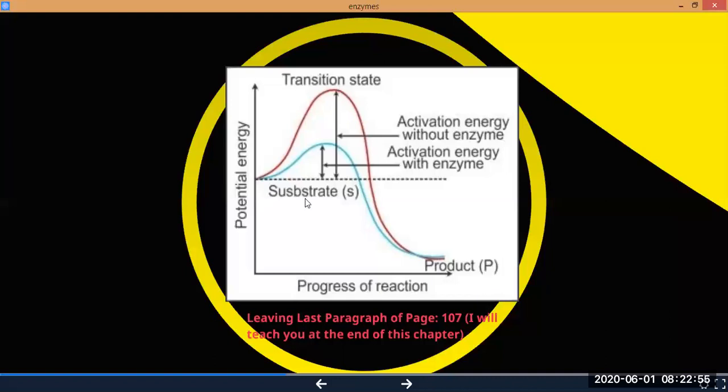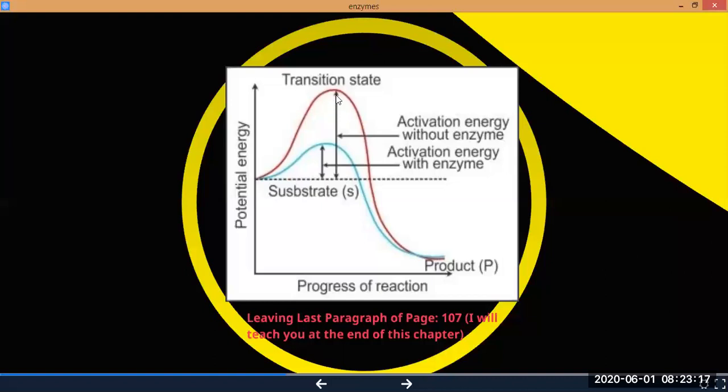But what happens is that, look at the pink graph and look at the blue graph. Pink graph is showing energy consumption without enzyme, and blue graph is showing energy consumption with enzyme. I mean, when you haven't used enzyme, the demand of activation energy is too much.